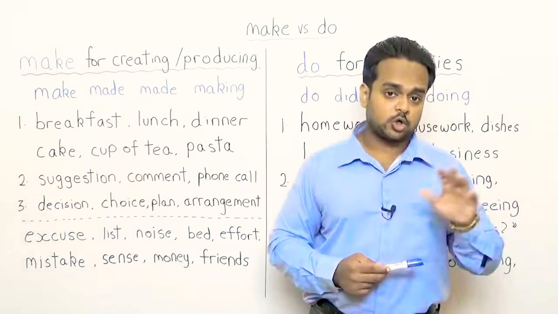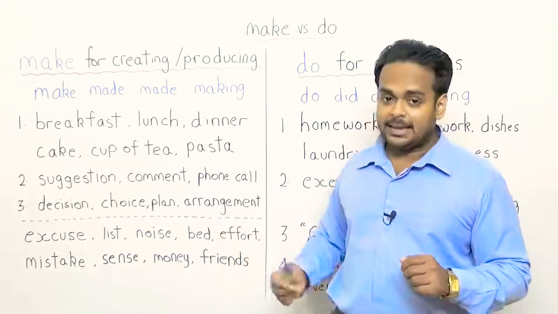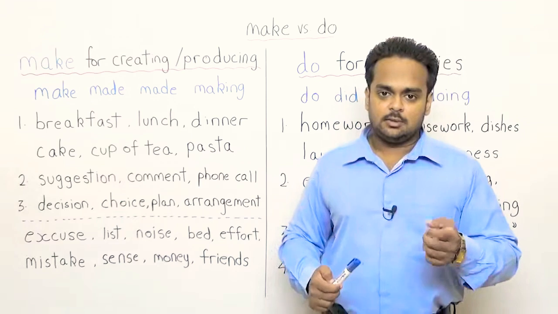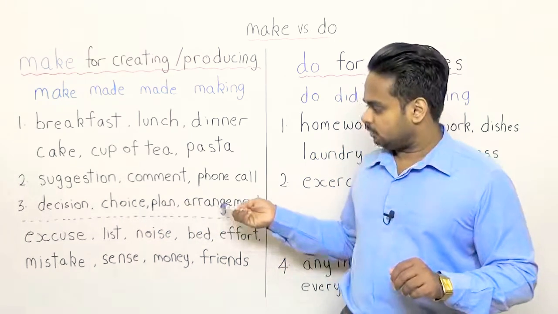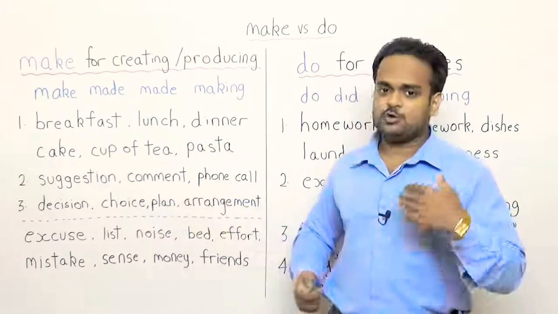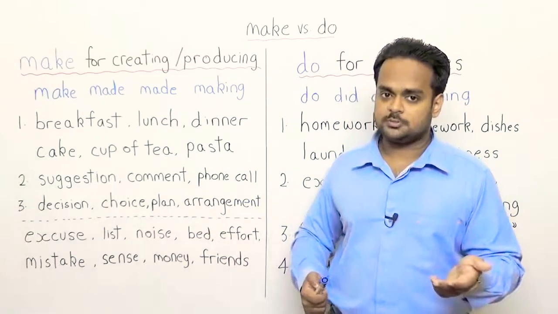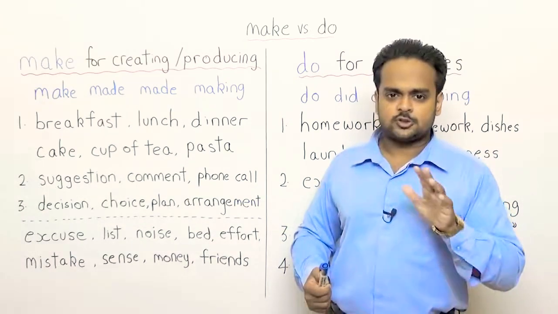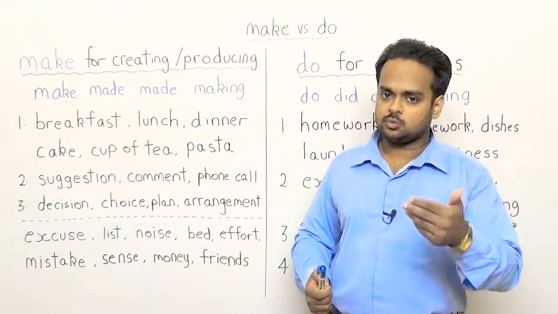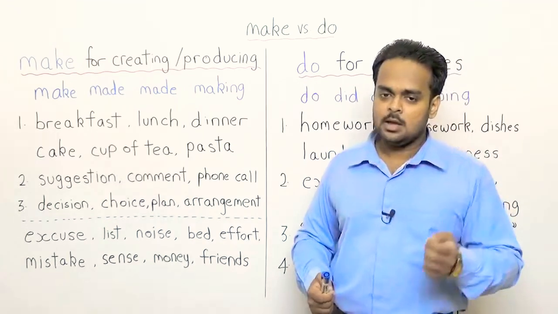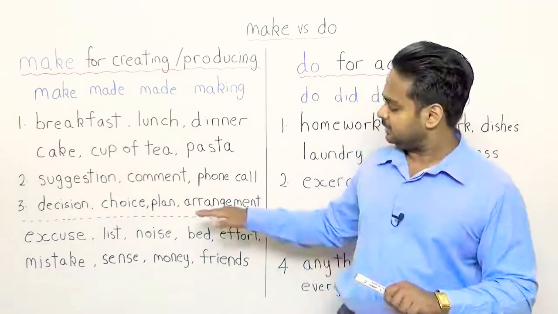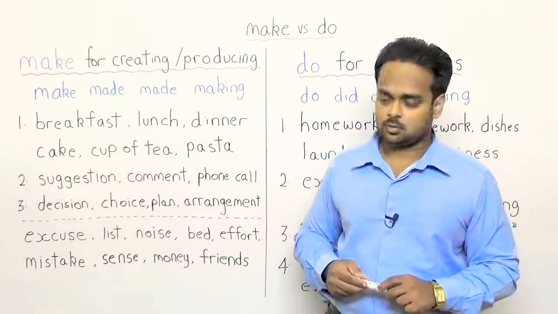Or if you're going on a trip, you will need to make the arrangements. Many students use do for some of these. They say we have to do a plan or do the arrangements. Do the arrangements is not so bad because the other person will understand what you say, but the correct word to use is make. Okay?